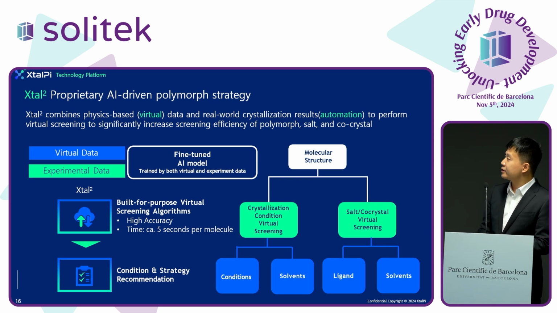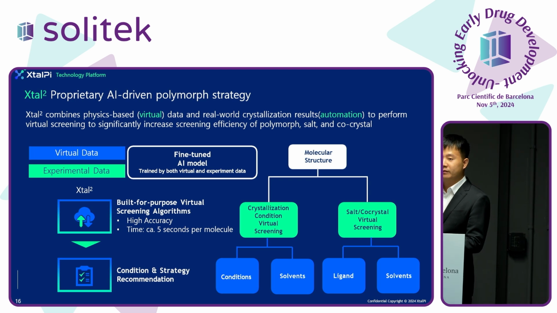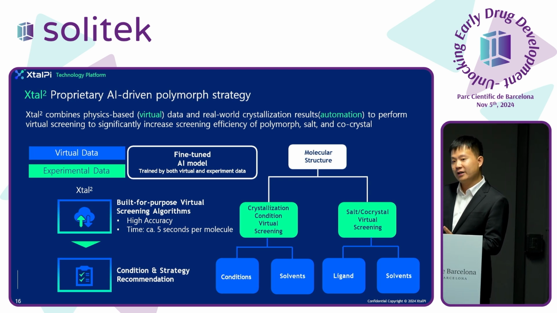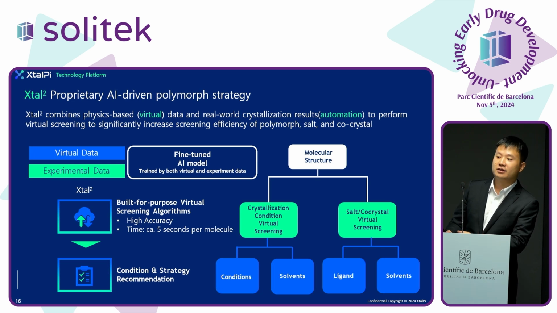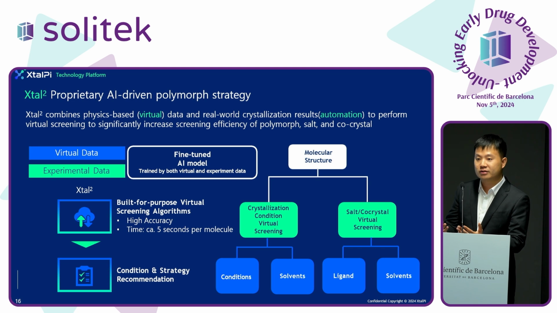And another way is called the AI data-driven way, which becomes more and more popular in recent years. But for this AI data-driven method, we need to have a large set of consistent and accurate data in-house, which takes a lot of effort.